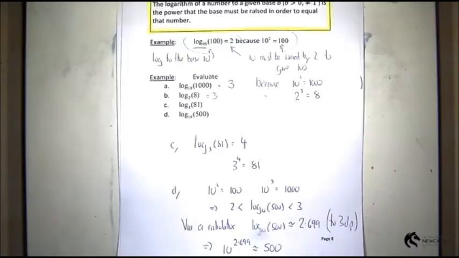So it says, what power must 2 be raised to give 2 to the -2? And the answer is -2. So the logarithm can be negative, but I can't find the log of a negative number. i.e. 2 to the -2 is a quarter. Same thing.